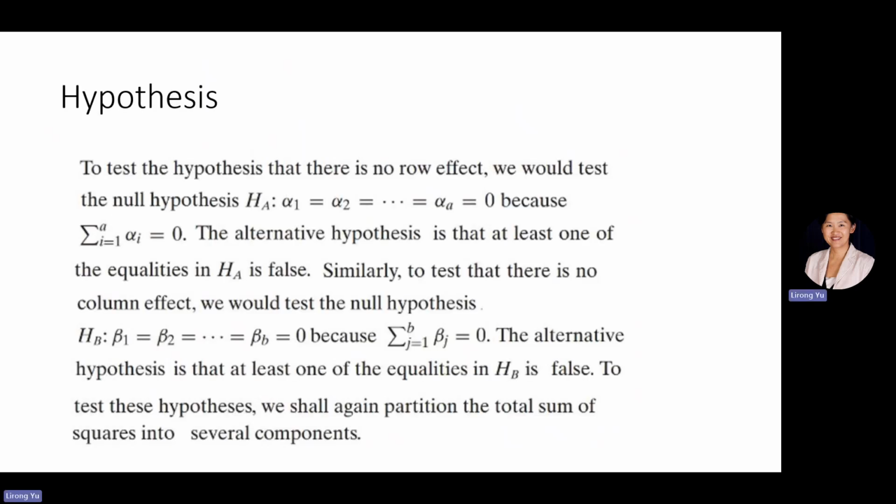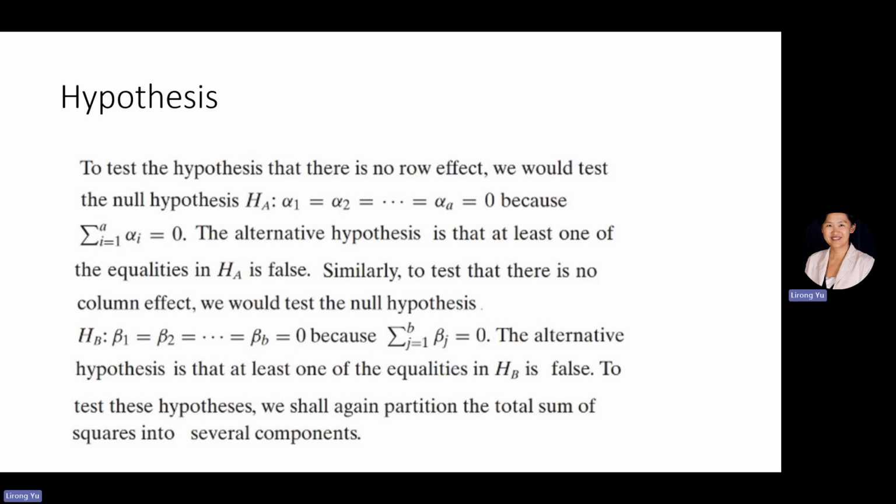So essentially, we're trying to look at a couple of different hypotheses. Since we're looking at two different factors, HA is a hypothesis saying that depending on different values of the A factor, we have the same mean.